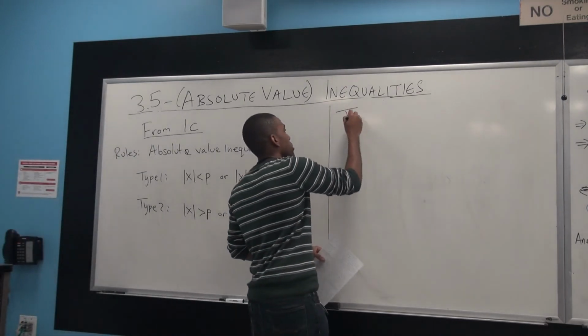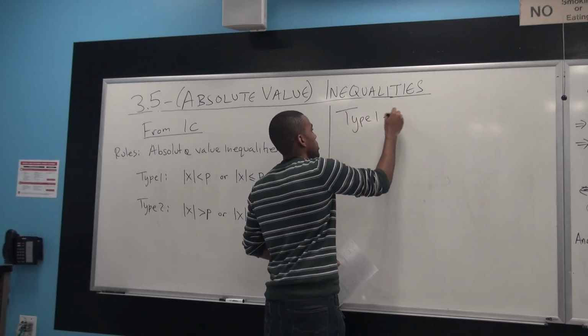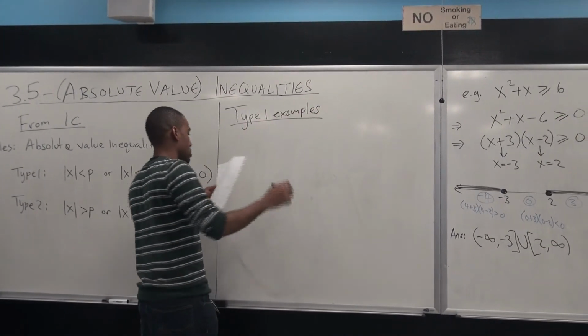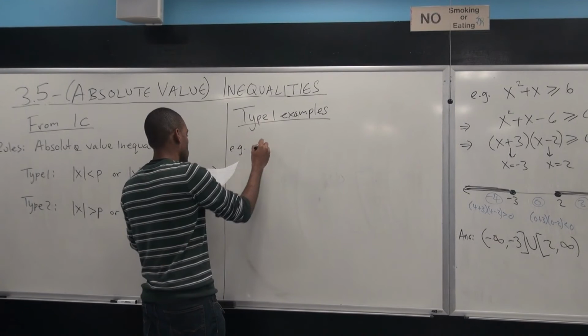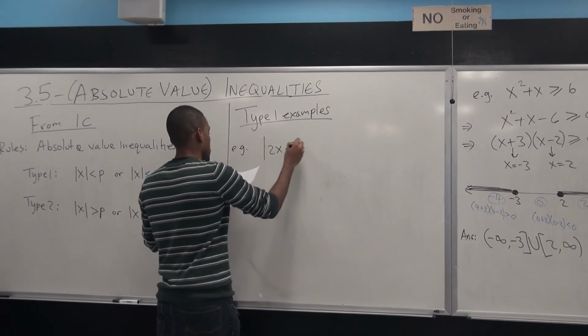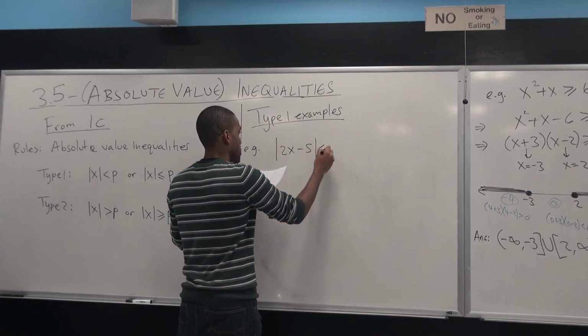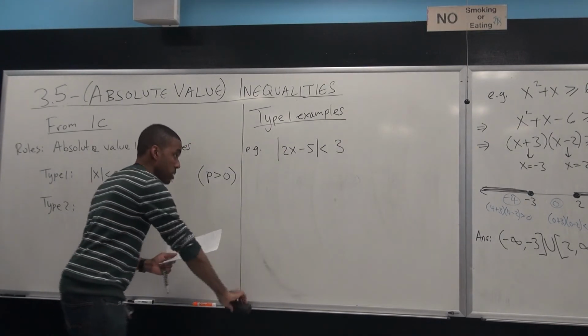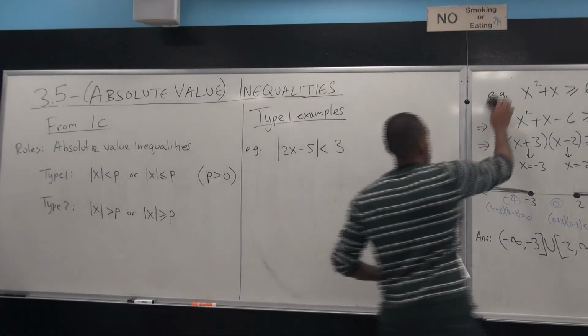Let's break it into type 1 examples. So I have these examples. Absolute value of 2x minus 5 is less than 3.